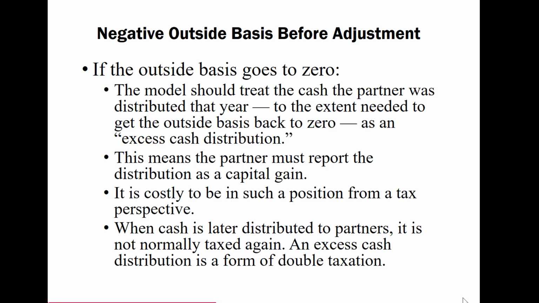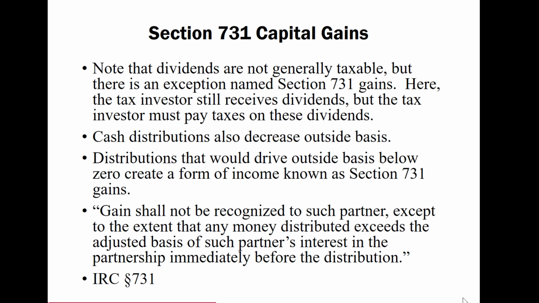This is saying we're getting more capital back and we have no investment left. And for taxes, you call that a capital gain. Dividends are not normally taxed, at least from the corporation's perspective. People pay taxes on dividends, but corporations don't.